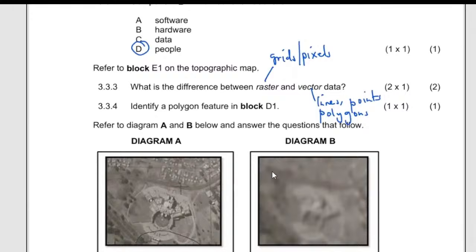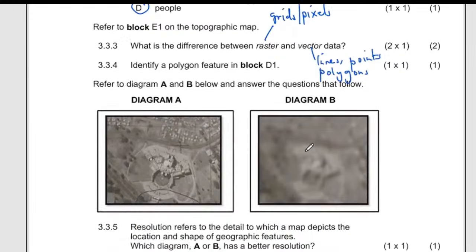That's the distinction there. Then it says identify a polygon feature in block D1. Typical of any feature that has got an area, a feature which is enclosed. For example, you can look at cultivated land. If there's any cultivated land, it's an area feature, it's a polygon. Or perennial water or a dam.